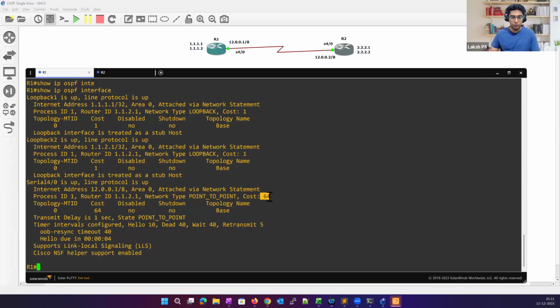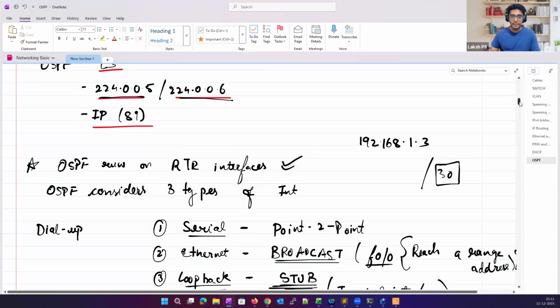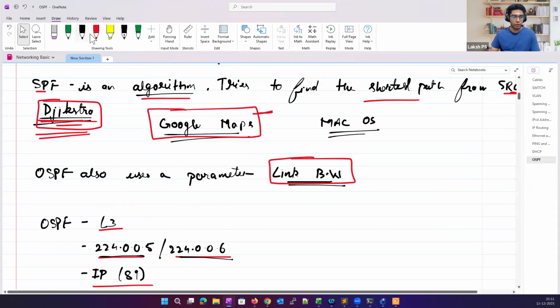If we remember, we were discussing that OSPF finds the shortest path using a parameter called link bandwidth, and here the cost is what we are talking about.